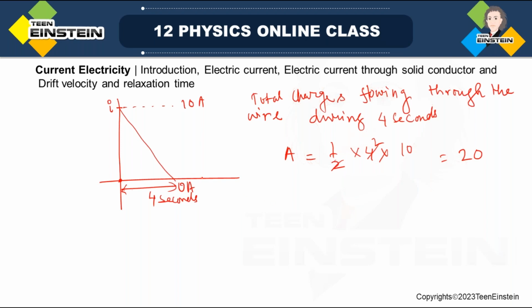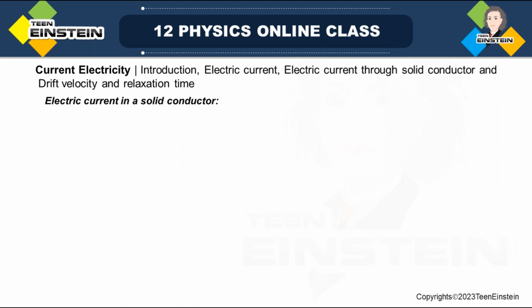So this is nothing but the amount of charge flowing. So this is about current and the related numerical problem.